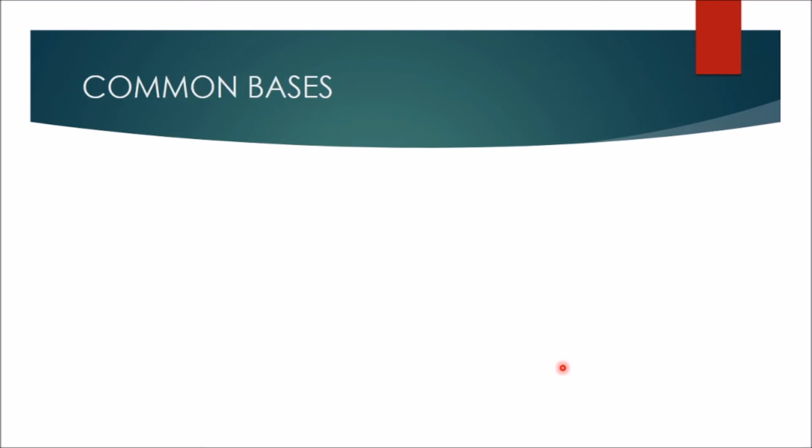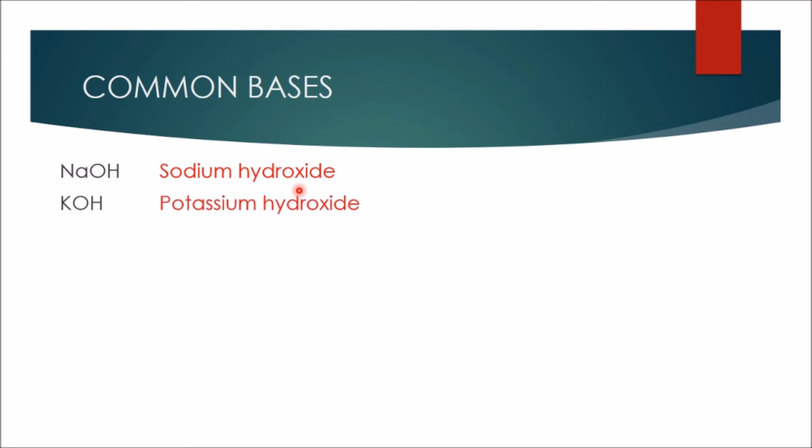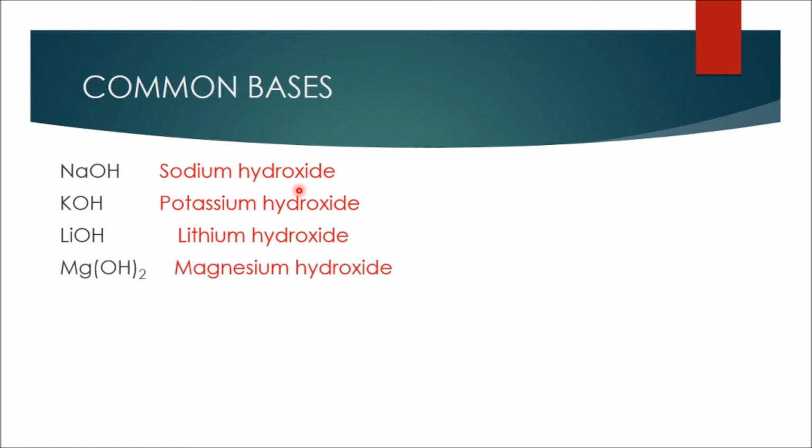We have some common bases that we use in the lab. For example, NaOH, which is the most commonly used base, is sodium hydroxide. Na is sodium, OH is hydroxide. So OH is always pronounced as hydroxide. So always remember sodium hydroxide. KOH is potassium hydroxide, just like that. LiOH is lithium hydroxide. Mg(OH)2 is magnesium hydroxide.